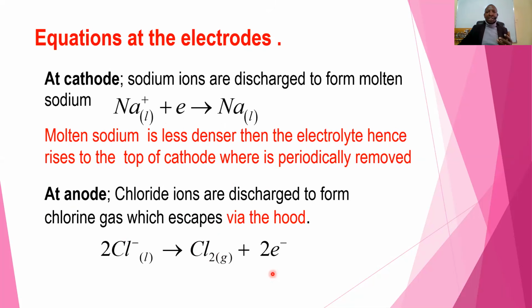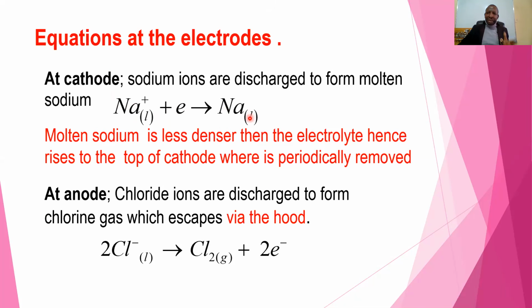Remember, I just want to highlight something that is very common with students. When we tell you to write the equation at the cathode or the equation at the anode during an exam, remember that an equation should be balanced using the simplest mole ratio. In many of the publications, they have tried to balance 2 sodium ions, 2 electrons to form 2 sodium metals.